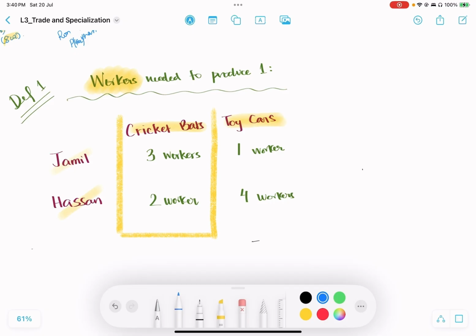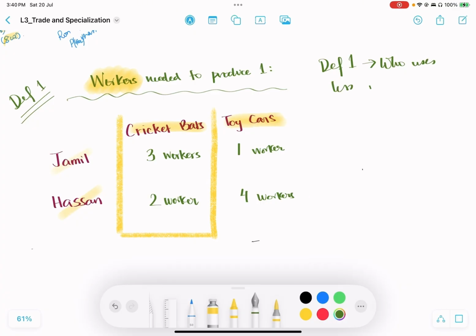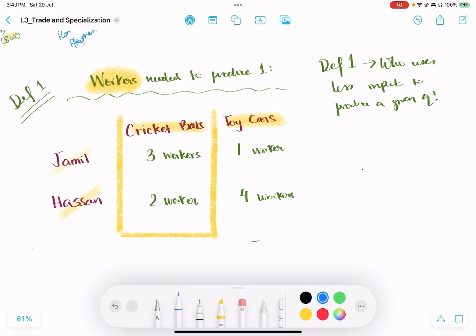Always remember that definition one is about who uses less input to produce a given quantity. So here essentially we want to know who is using fewer workers. Clearly to make cricket bats, Jamil uses 3, but Hassan uses fewer workers, 2 workers.